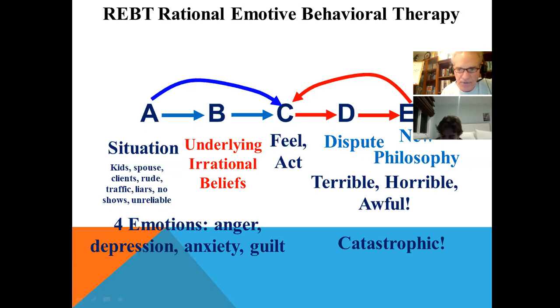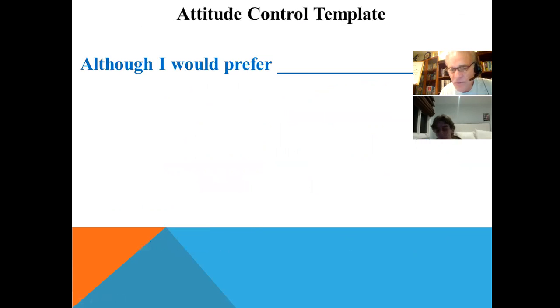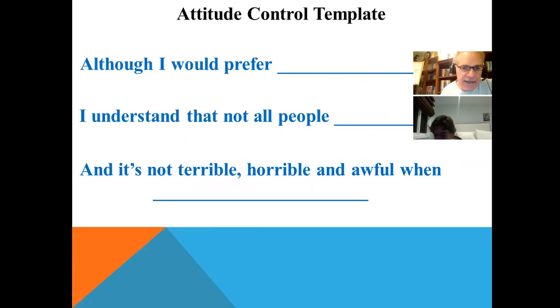Here's the structure of how to do this, and then I'm going to give you a shortcut. The structure is this. Although I would prefer blank, I understand that not all people blank, and it's not terrible, horrible, and awful when blank. Whatever it is.